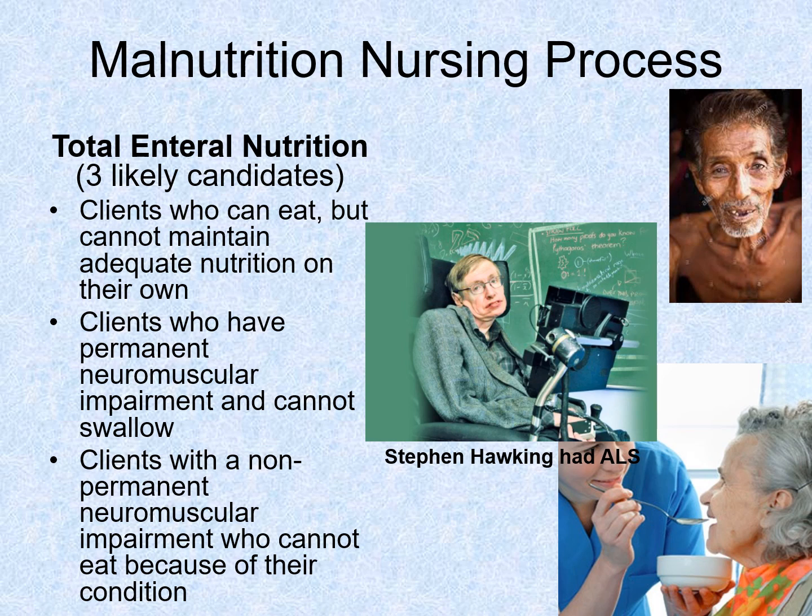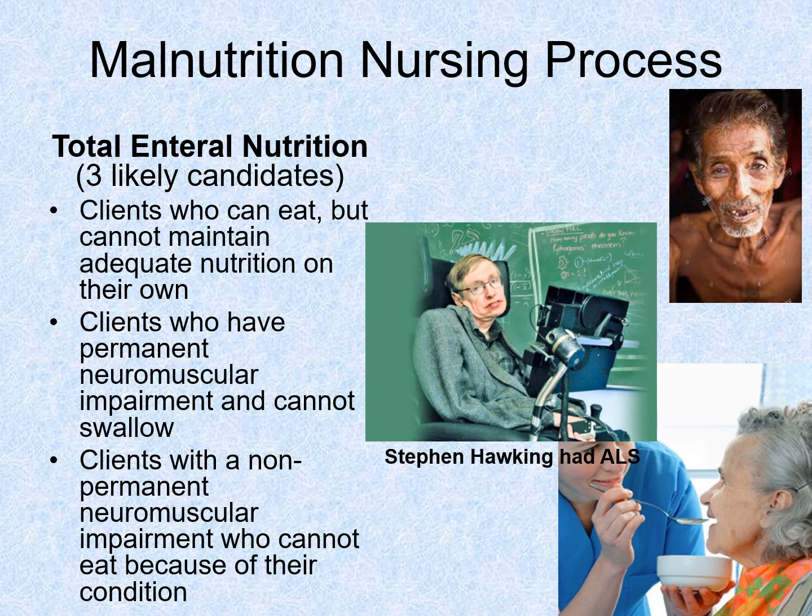Patients who are likely to receive total enteral nutrition can be divided into three groups: clients who can eat but can't maintain adequate nutrition on their own, clients who have permanent neuromuscular impairment and cannot swallow, and clients with a non-permanent neuromuscular impairment who cannot eat because of their condition.